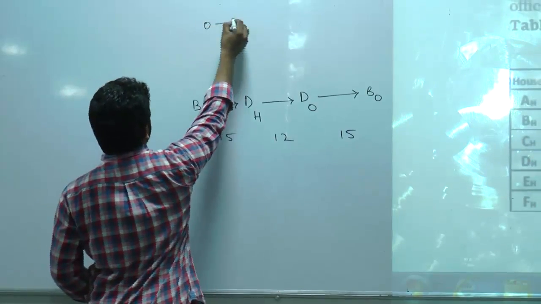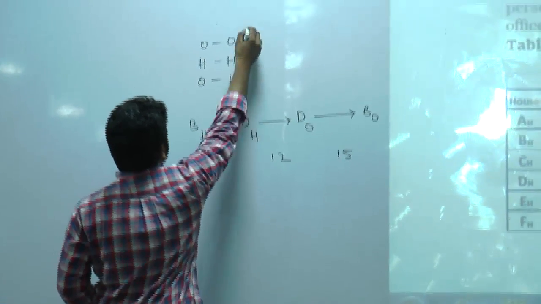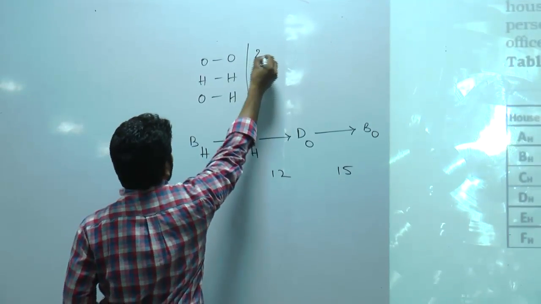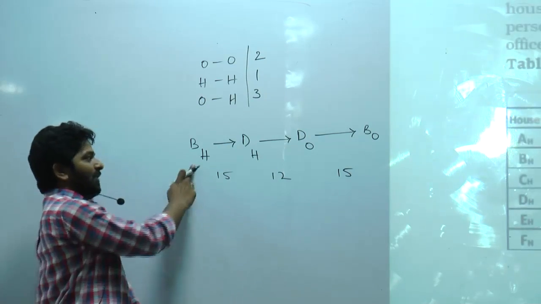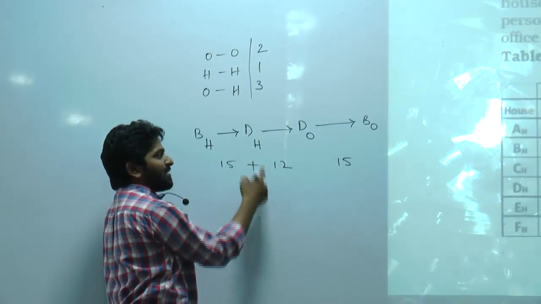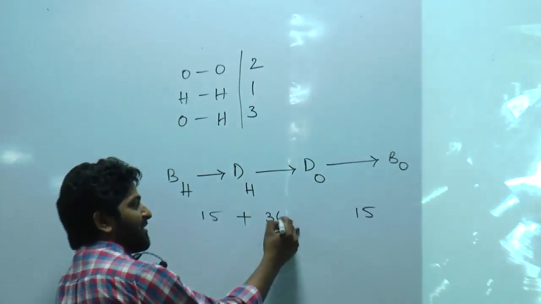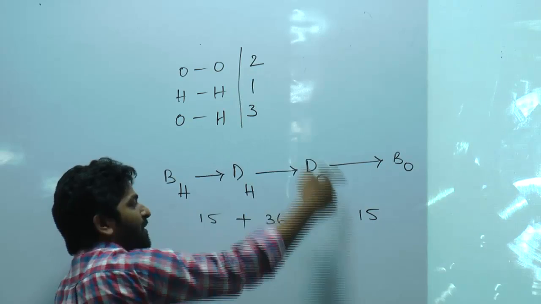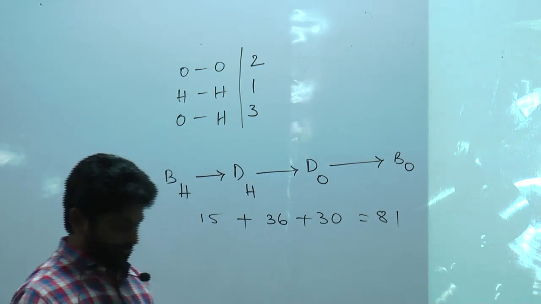Office to office is 2 rupees, house to house 1, office to house 3. House to house 1 rupee, 15 rupees, plus house to office 3 rupees, 12 threes 36, office to office 2 rupees, 30 rupees, total 81.